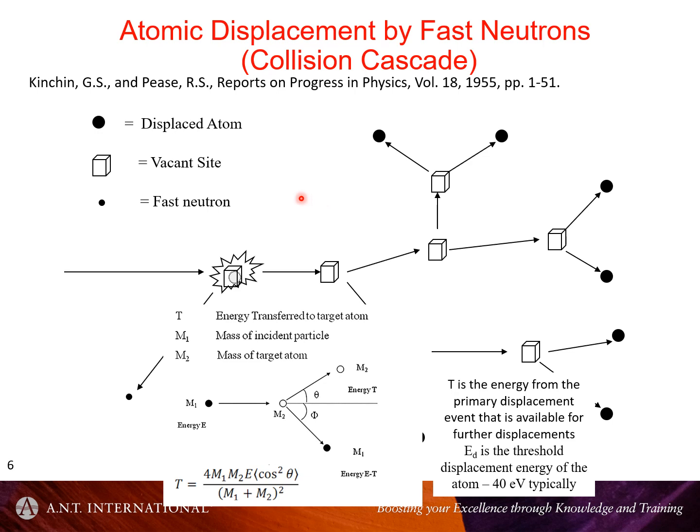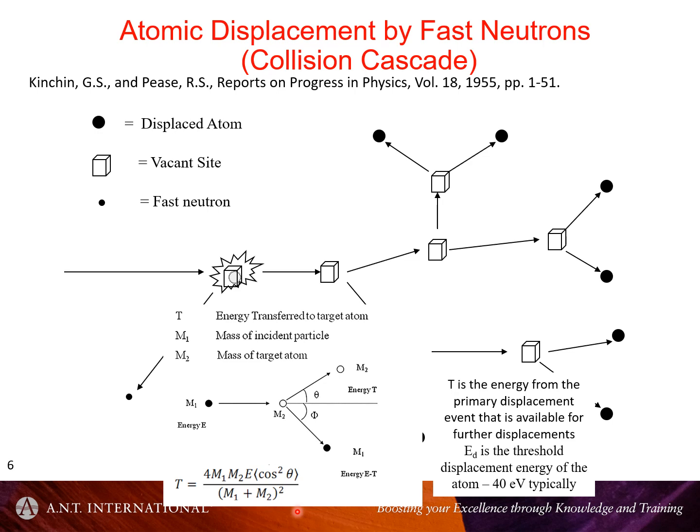So the cross sections one has for atomic displacements are a function of this angle, and so we have a whole range of possible energies that can be produced for a given initial neutron energy.